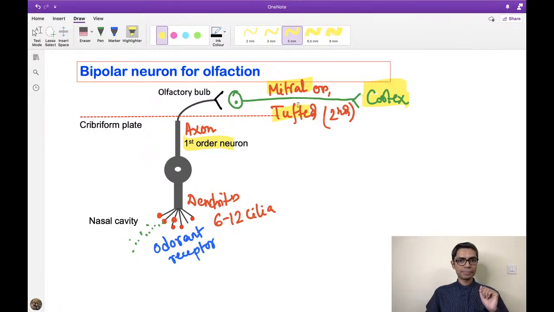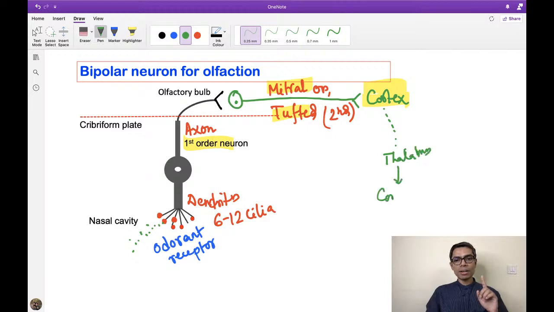And third is that whenever it is reaching from this olfactory bulb to the level of olfactory cortex, it is bypassing the thalamus. Means we are not getting any relay station at the level of thalamus before reaching up to the level of cortex. Although you know that after going to the cortex, it will go to the other part, and from there it may go to the level of thalamus, and from thalamus again it will reach to a different part of the cortex. We will discuss this a little later, okay?